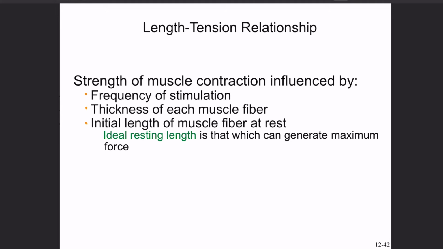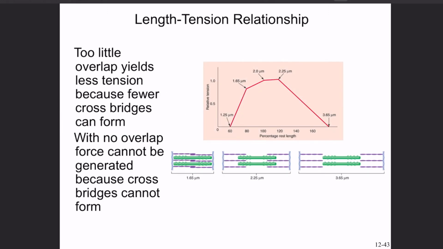We can actually calculate that there is an ideal resting length of sarcomeres that can generate the most amount of force to be the strongest muscle contraction. When thick and thin filaments overlap too little, there is less tension capable here. So that means that there is less strength for contraction.